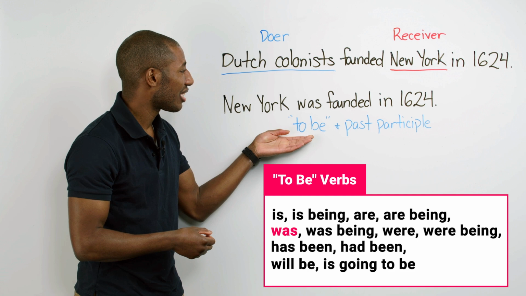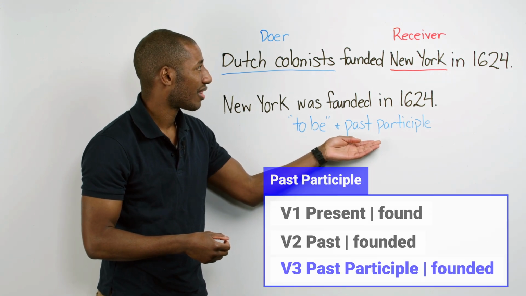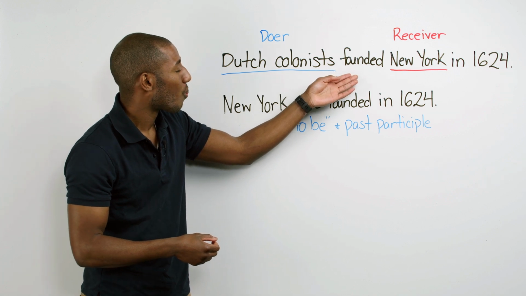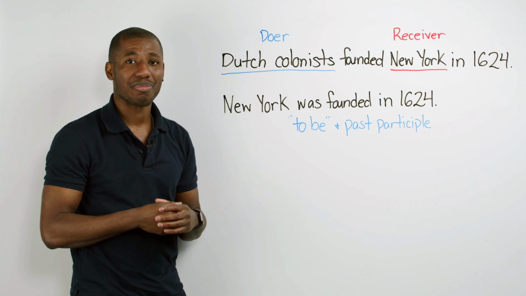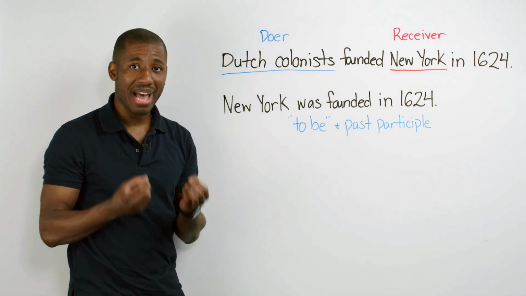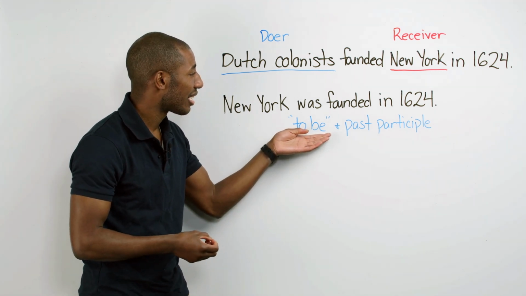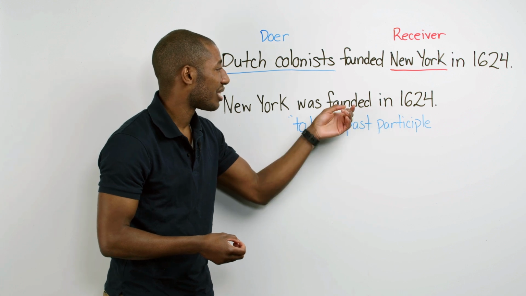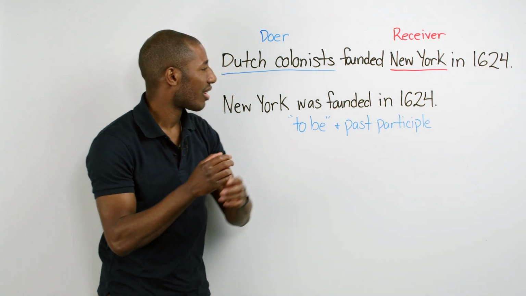Also, for our action, we need a to-be verb and a past participle. In the active voice sentence, we have founded, which is written in the simple past tense. Well, our to-be verb has to match with being simple past tense, so we have was and the past participle, which is founded. In 1624.